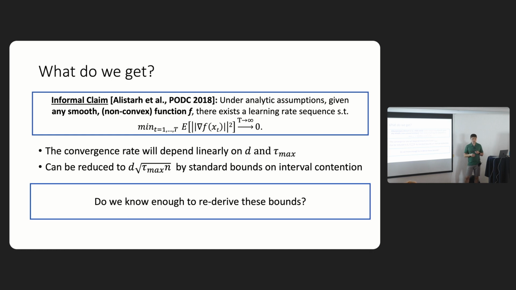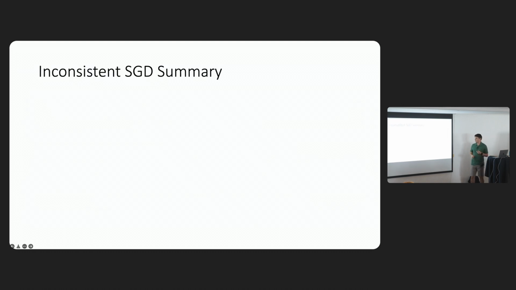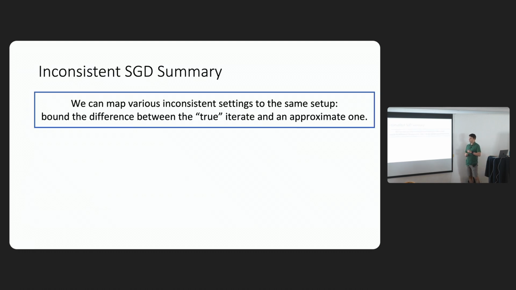All right, so I guess I'll wrap up here. What I wanted to talk about today is mapping various inconsistent distributed settings to the same setup, in which processors get a partial view of the system and have to compute their gradient based on this partial view.